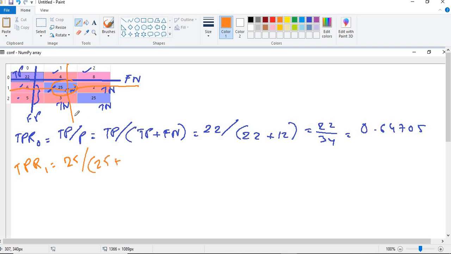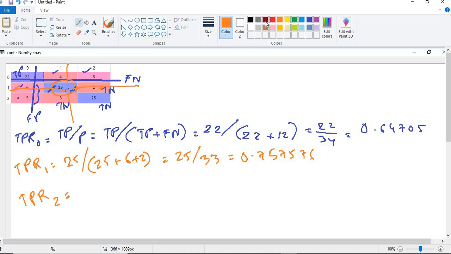The false negative will be this value and this value, 6 plus 2, so it is 25 by 25 plus 8, which is 33. If you calculate this, it comes to 0.757576.